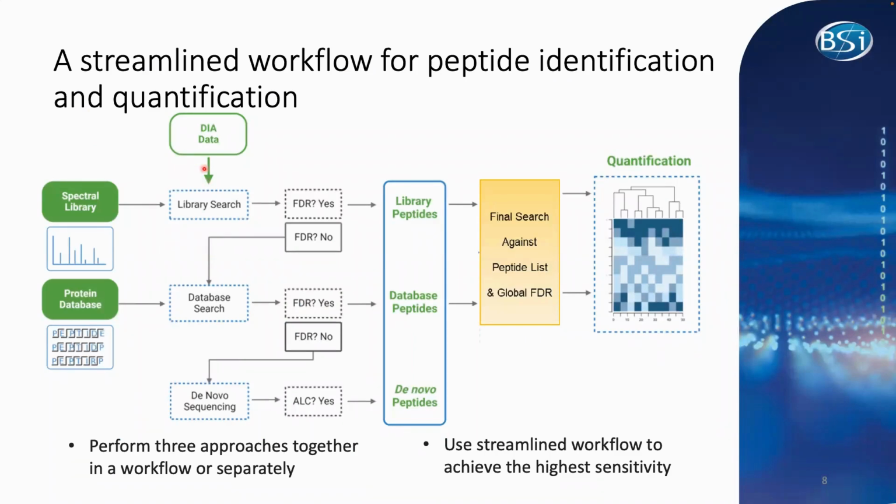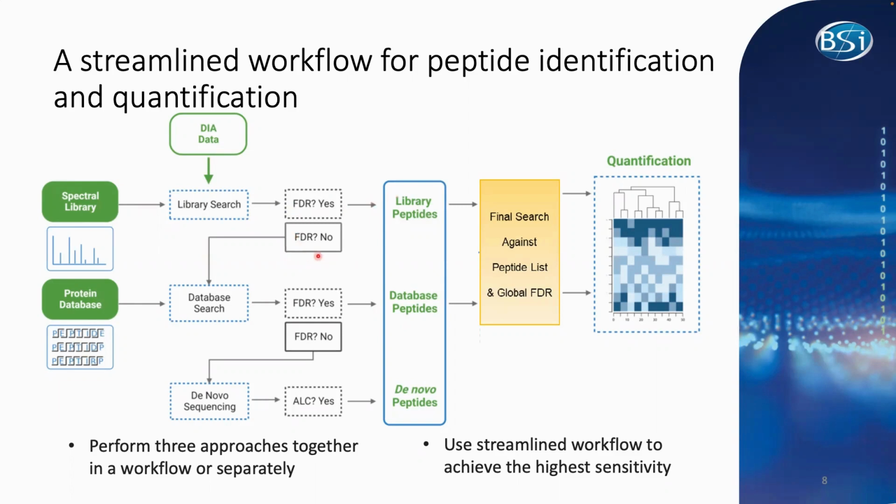First, DIA data are searched against a spectral library, which is generated using DDA data. After false discovery rate (FDR) estimation, peptides that pass a certain FDR threshold are saved in the spectral library search result.